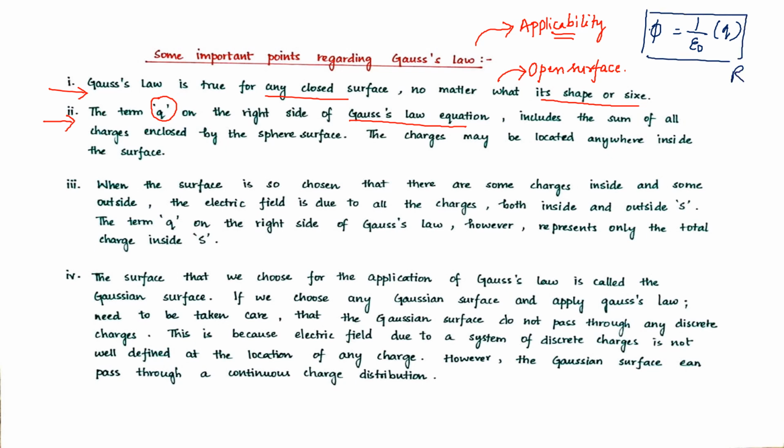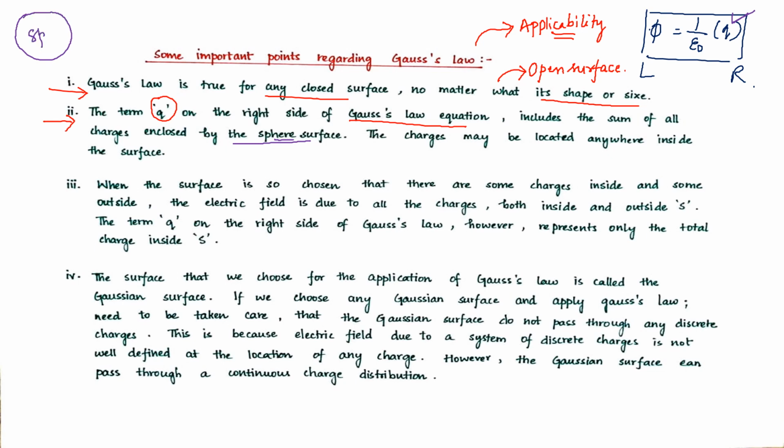This is the right side, this is the left side. We are talking about this Q, which includes the sum of all charges enclosed by the surface of the sphere.